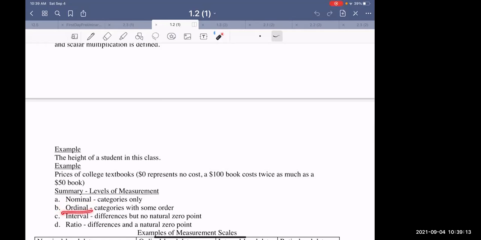We then give additional structure to get interval, and additional structure to get ratio. So obviously something that's ratio has the same qualities plus additional qualities as nominal, but you'll call it ratio because you always look at the higher of these.